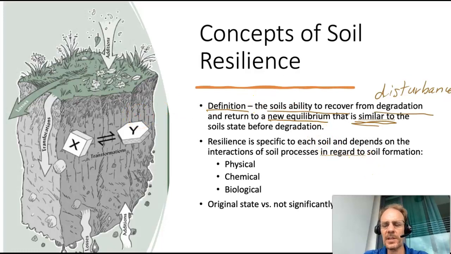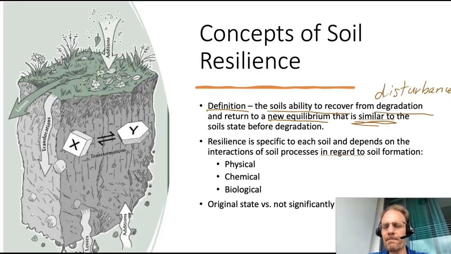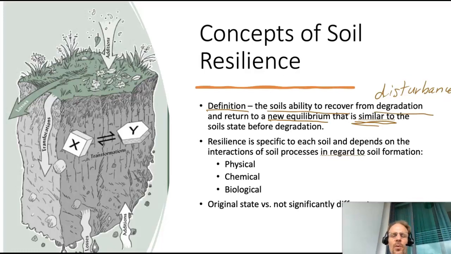And the reason we like to use the word similar is because in soils it really isn't practical to try and get our soils to return back to the previous pre-disturbance or pre-degradation state. Down here at the bottom, we say original state versus not significantly different state.